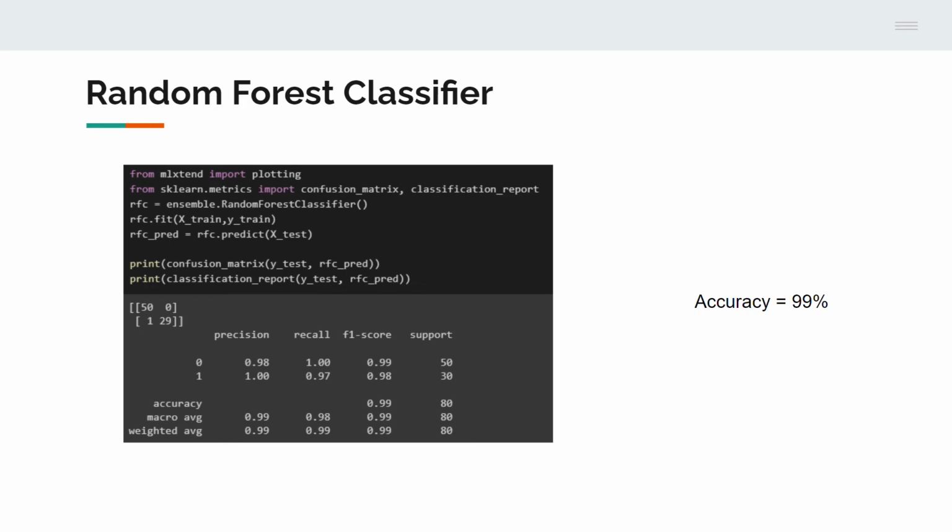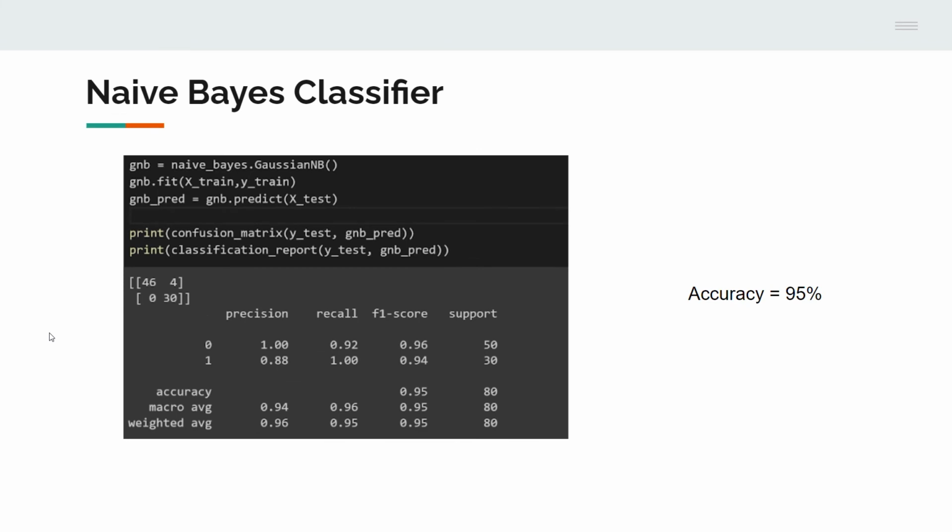And then we can see that the accuracy is much higher compared to the decision tree. It only got one case wrong for the not chronic kidney disease case. And then go to the next part, the naive Bayes classifier, which already got 95%.